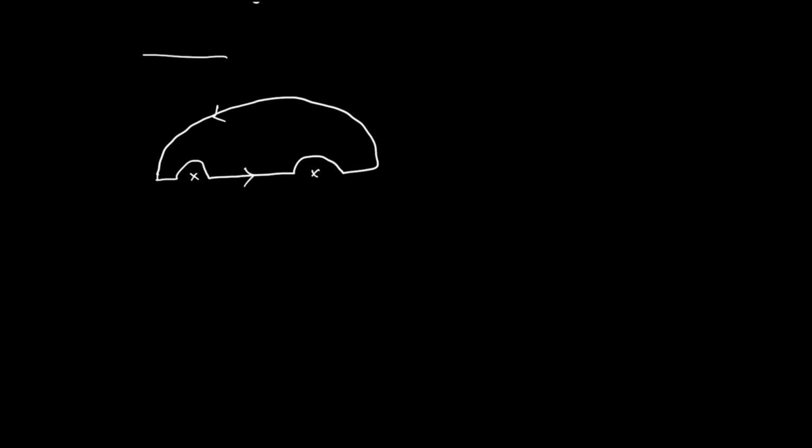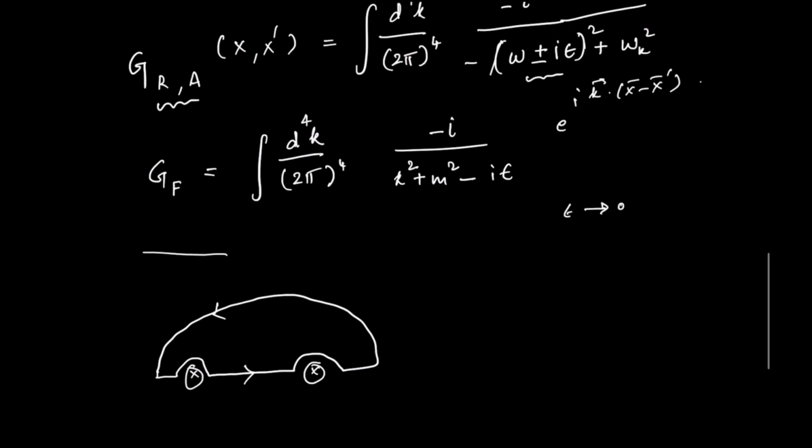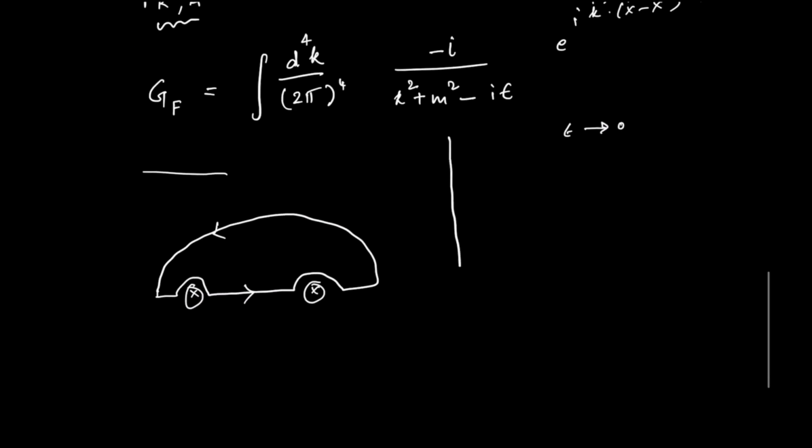So in this case, it is not enclosing the singularity. The singularity is actually outside. So far as it encloses the singularity, it is the same. Since I changed the singularity location only by epsilon, at the end I can take epsilon tending to 0, and then again the two stories will be the same. That is, the contour changing will be equal to shifting the poles. This happens when epsilon tends to 0.